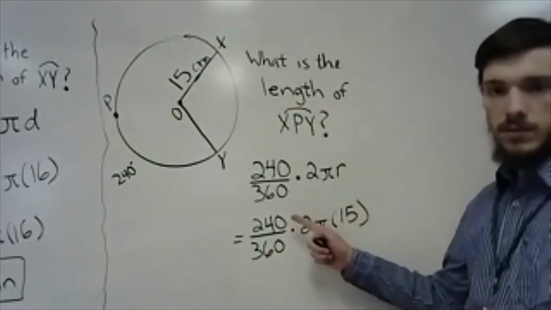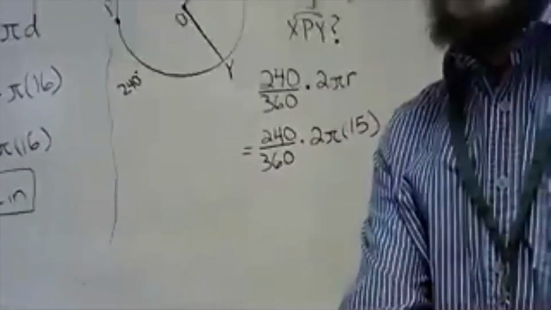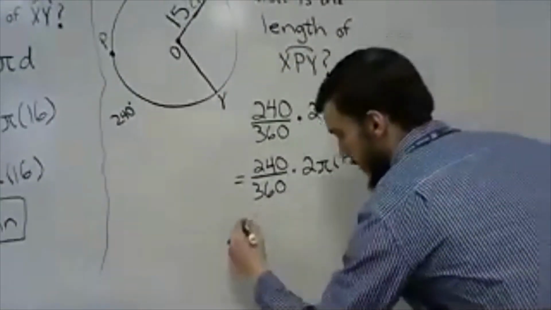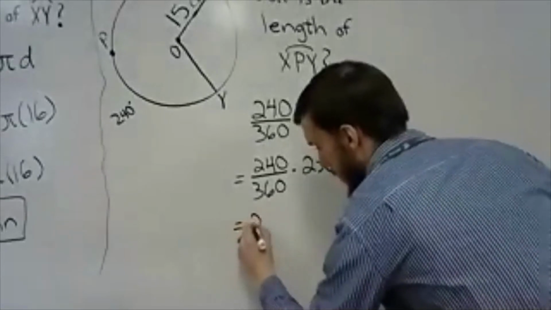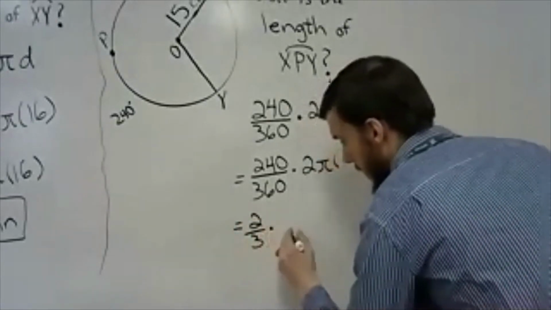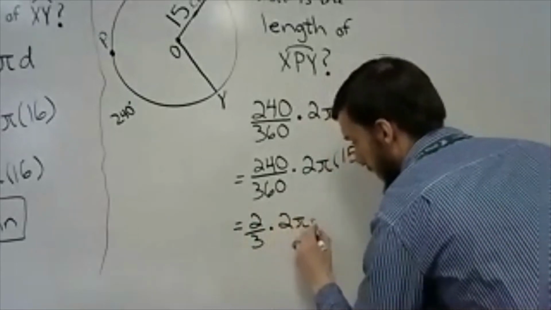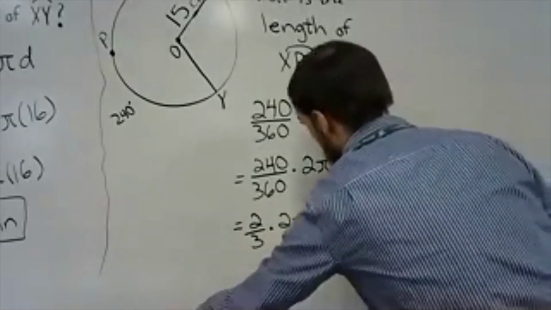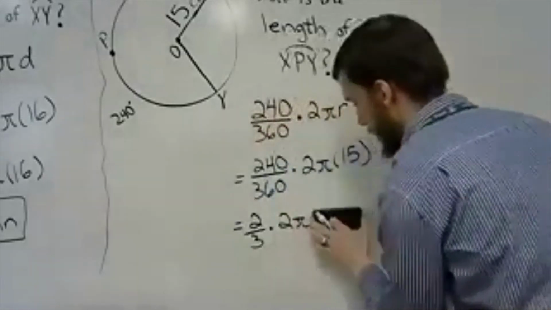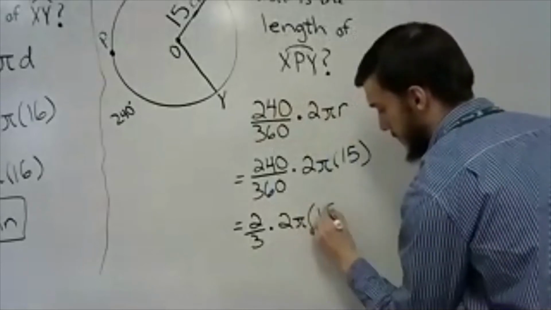And since 240 divided by 360 simplifies to 2/3, that's our next step right there. 2/3 times 2 pi times 15.